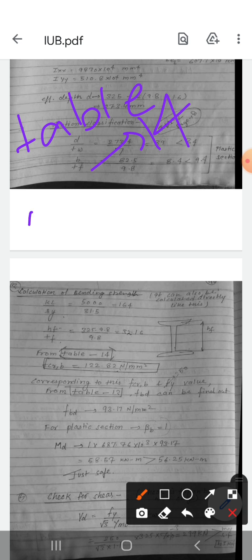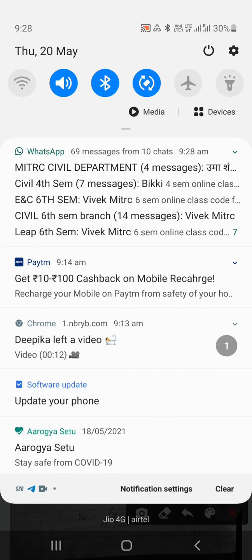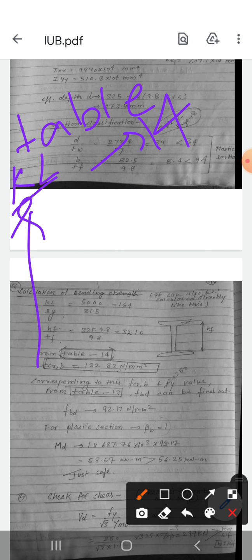On the vertical axis you will see KL upon r, and on the horizontal axis you will see fy. Okay, and from this table you can get fcr,b, the critical buckling stress.